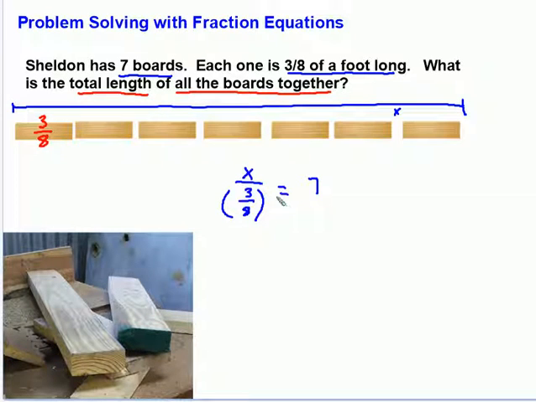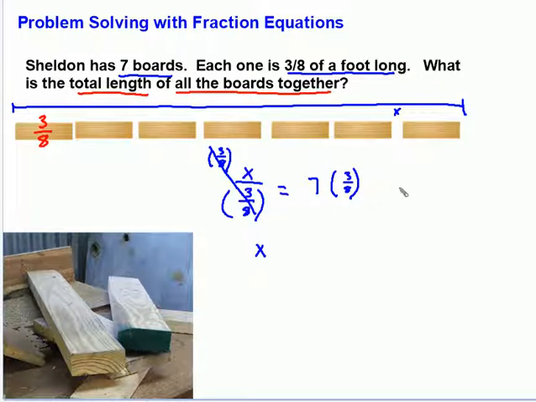Let's go ahead and solve our problem. We know that we're dividing x to get 7, so we need to use inverse operations. So we will multiply, since that is the inverse of division, the top times 3/8. That will allow us to get 1 here, and 1 times x is just x. But whatever we multiply the left side by, we also have to multiply the right side by.